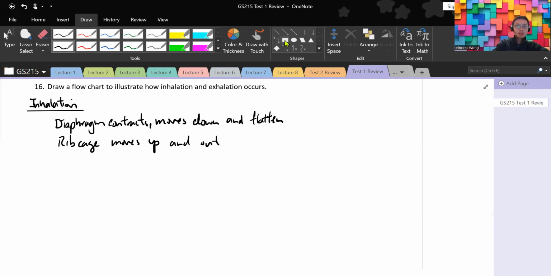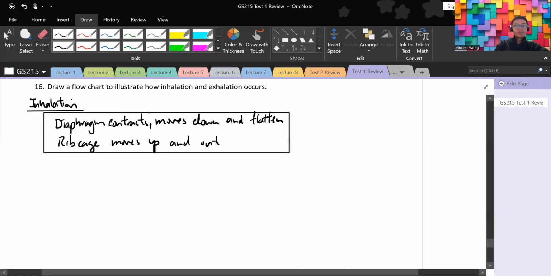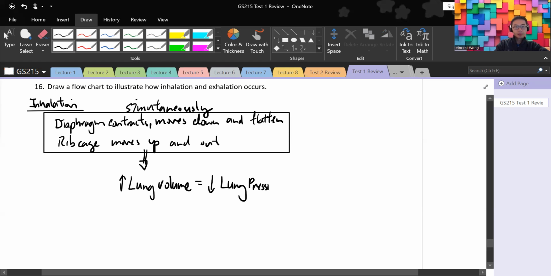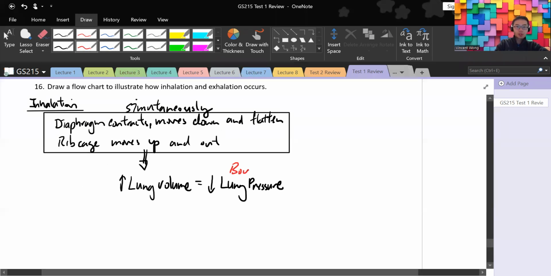So these two things happen together. Because of these actions, they pull the lungs with them, which increases lung volume, which equals decreased lung pressure. This has a name, right? This is called Boyle's law.